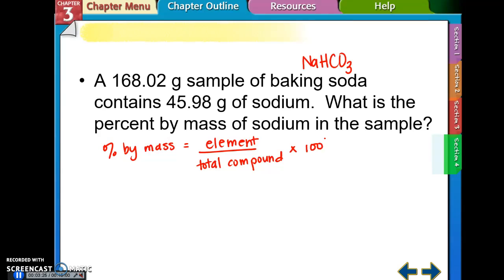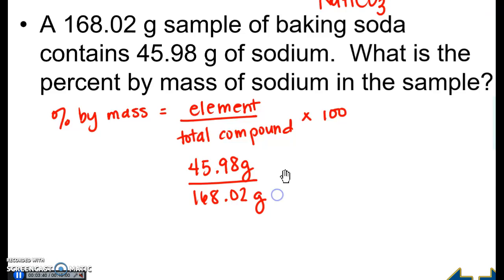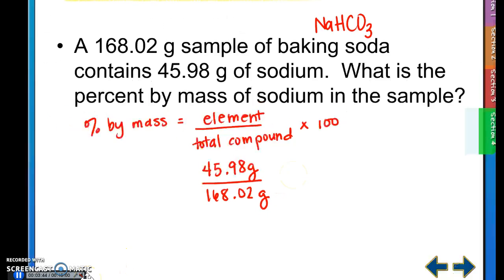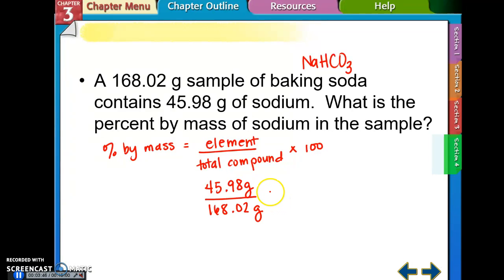So I'm going to take this 45.98 grams of sodium and divide that by 168.02 grams of baking soda. And then I'm going to multiply that by 100.